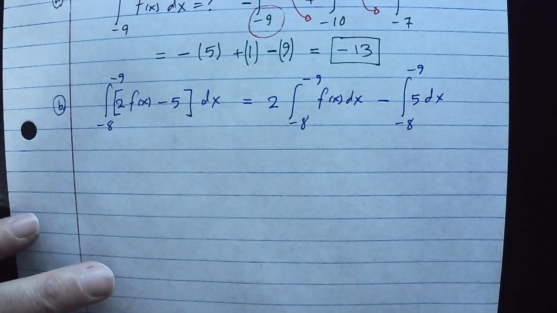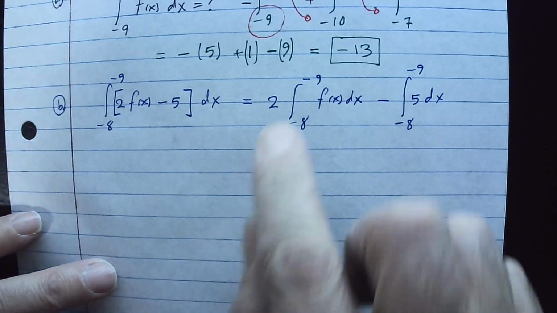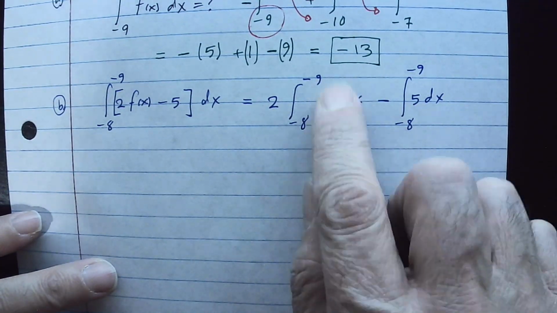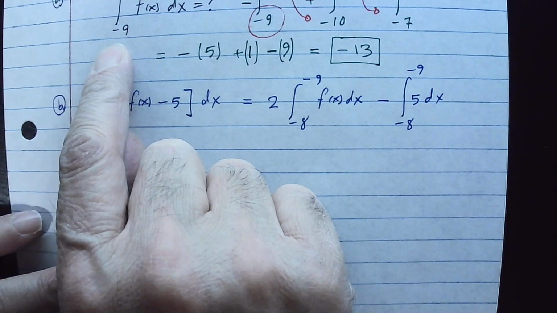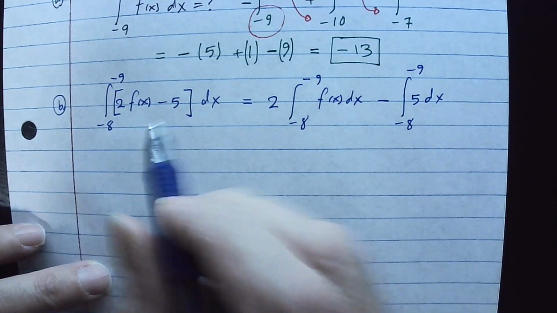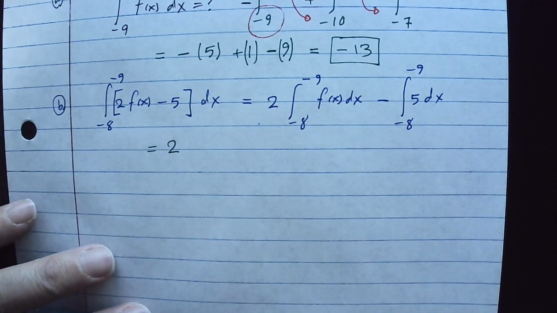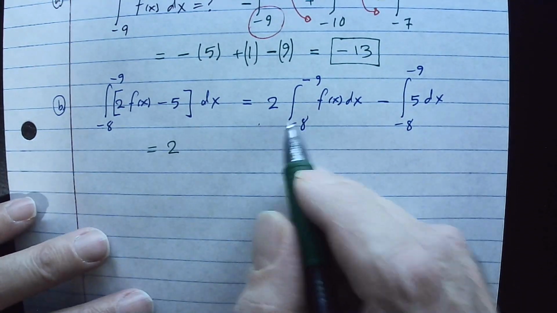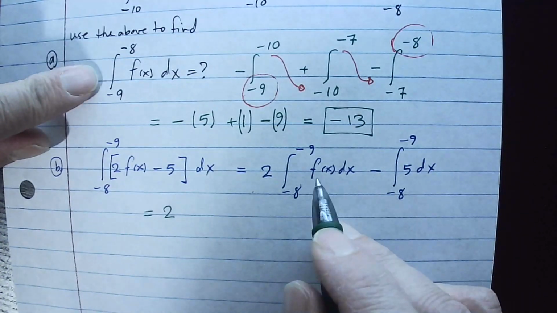Okay, first thing, we have this one, -8 to -9, which is the one that we worked on here with reversed bounds, and therefore I can put here, this 2 is maintained, so I need this one, which is the reverse of this one.